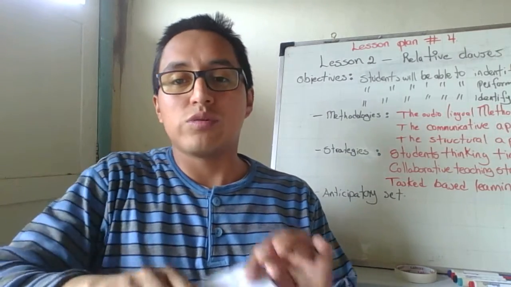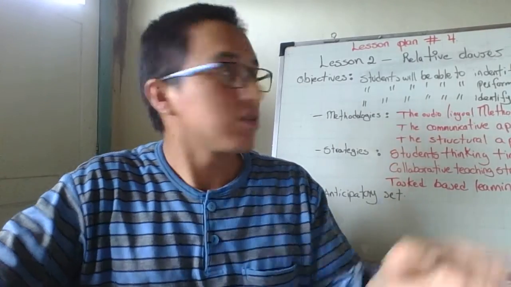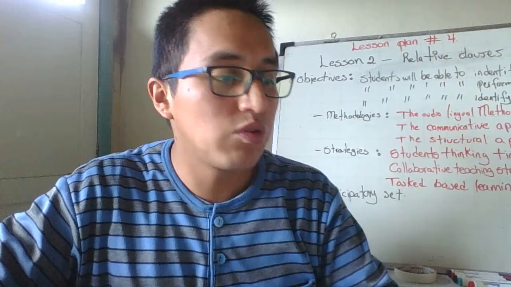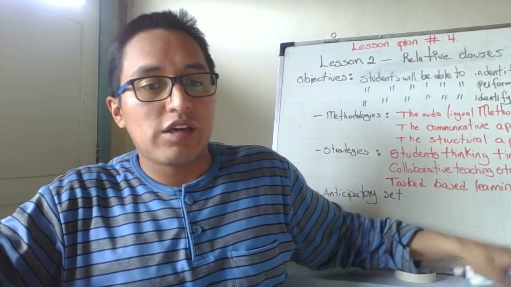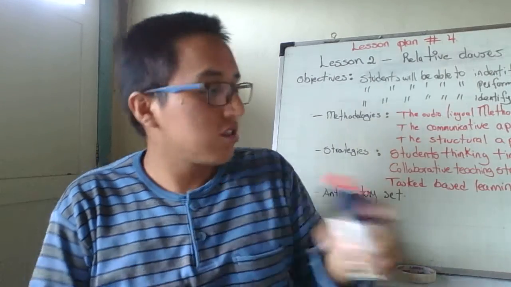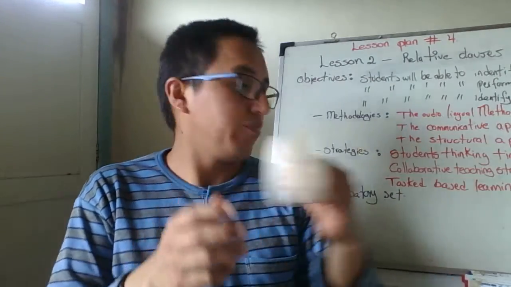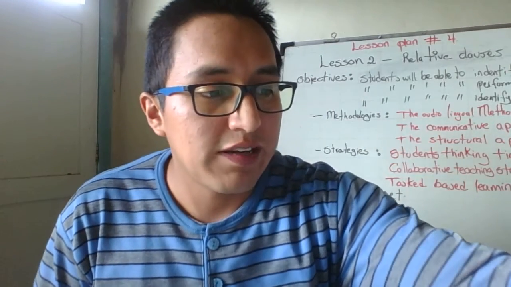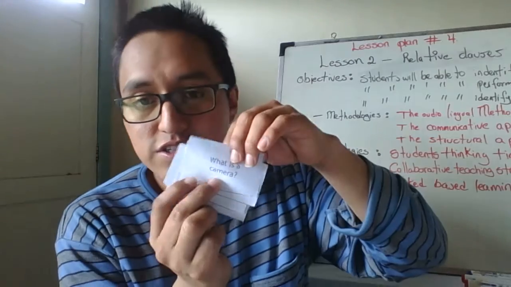Also, I'm gonna use a lesson plan. This is my lesson plan number 4. As you can read here, lesson plan number 4. Also, I'm gonna use a board, and I have some markers and tape. Also, I have some cards. Here I have some cards.